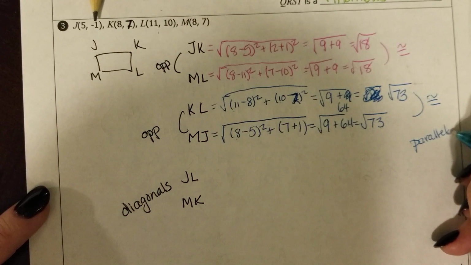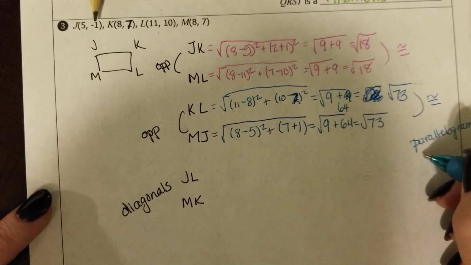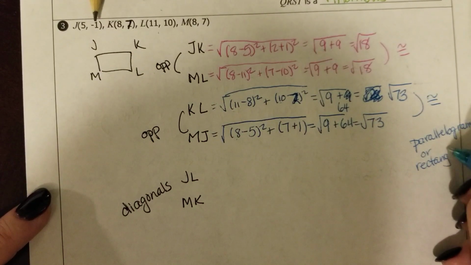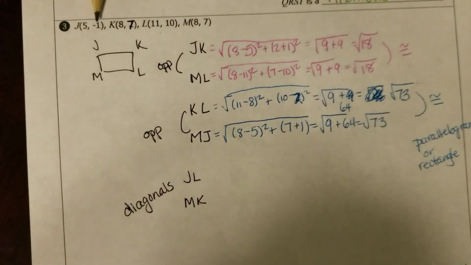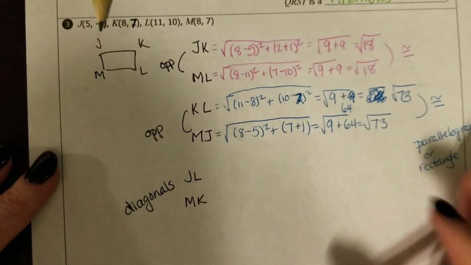What kind do we have? And it's not a square, and it's not a rhombus. So it could be a rectangle if the diagonals are the same. So let's find out. The diagonals here.